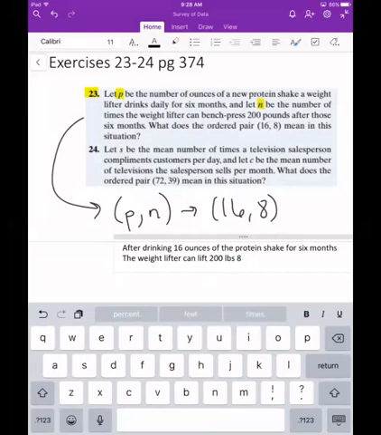It's how many times they can bench press 200 pounds after those 6 months. So they can lift 200 pounds 8 times.